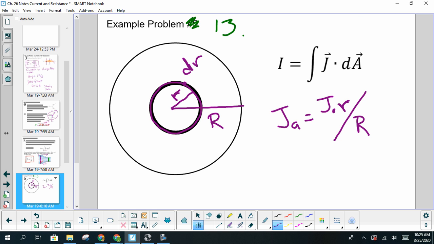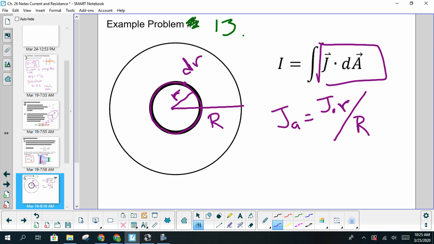There's a couple of things we need to look at. First of all, we need to deal with our dot product. We will assume that the angle between our cross-sectional area and our current density is 0.